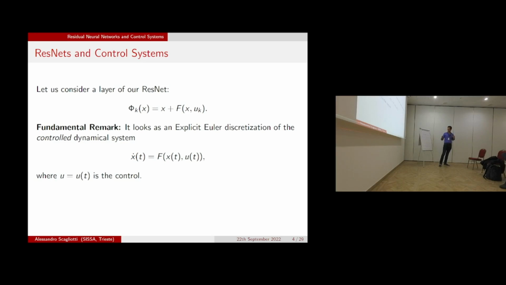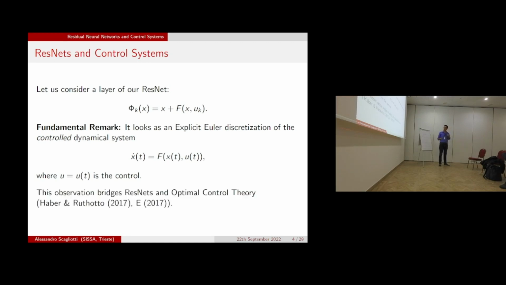If we take this ordinary differential equation and discretize it with an explicit Euler scheme with step size equal to 1, we exactly obtain a layer of the ResNet. This very simple but fundamental observation was made independently in 2017 by Haber and Ruthotto and by Weinan E. It essentially bridges the world of residual neural networks with the world of control theory, let me say the well-established world of optimal control theory.